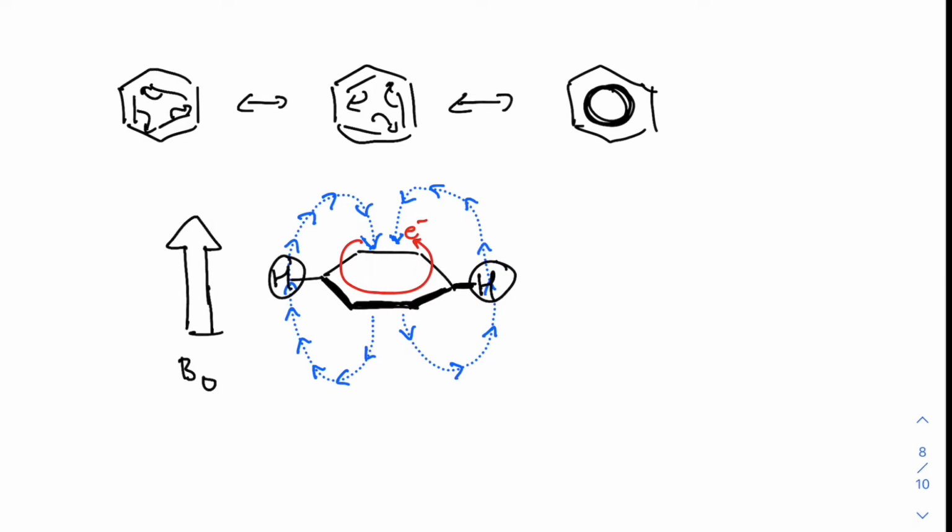And so they are feeling almost like a new applied magnetic field, because the induced magnetic field is heading in the same direction as the applied magnetic field. Okay, so these guys are the induced magnetic field.